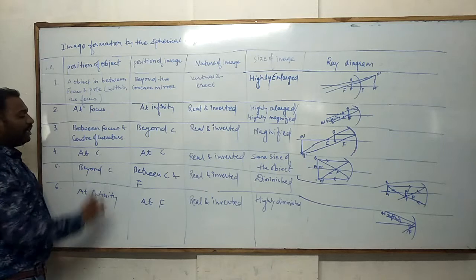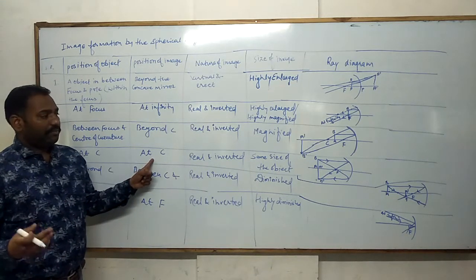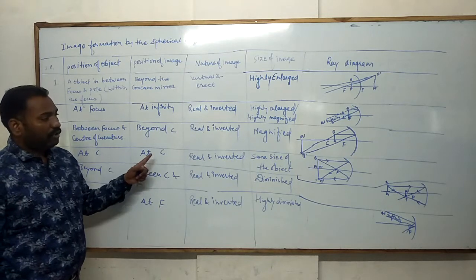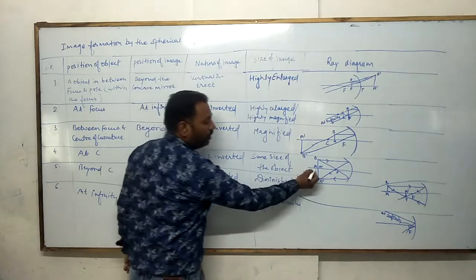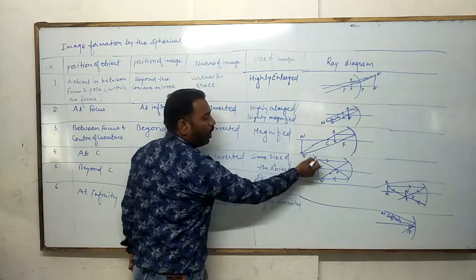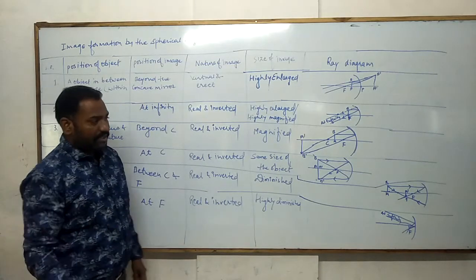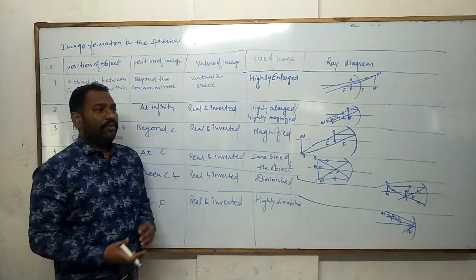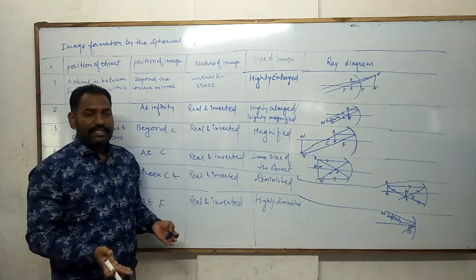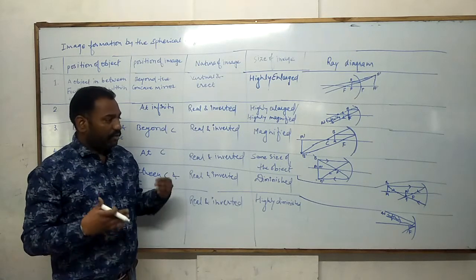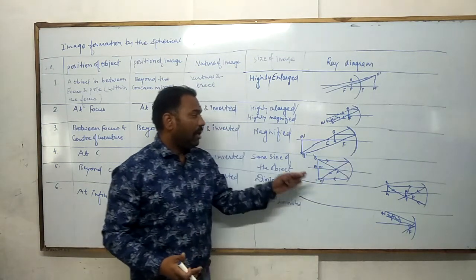Then if we keep the object at C, the image is formed at C, real and inverted, the same size as the object. So look, this AB is the size of the object. Why do we first study the rules here? Because we know where the incident light is coming from and what the reflection path will be.